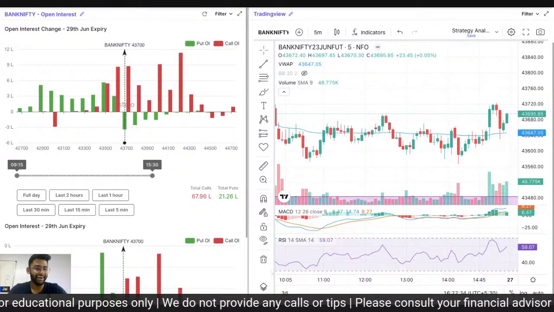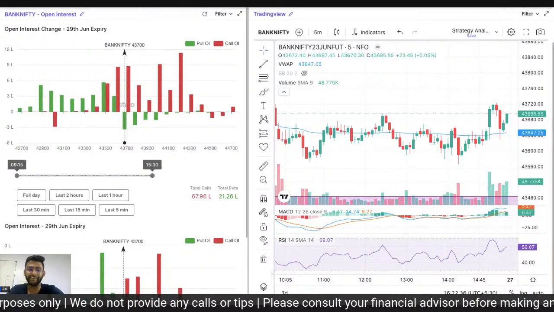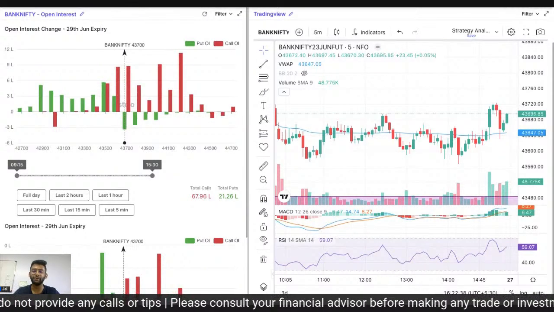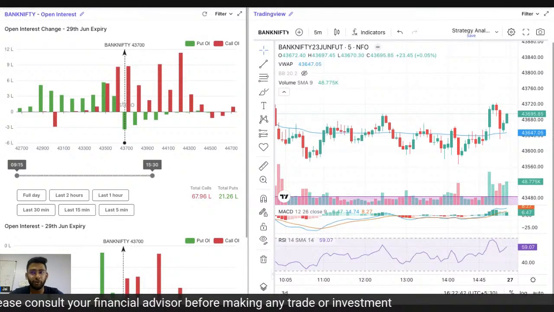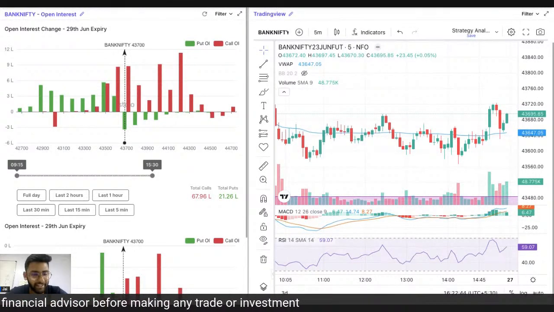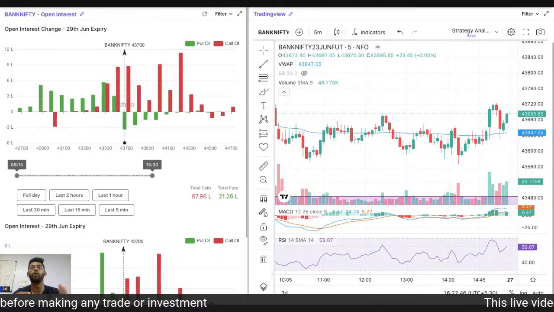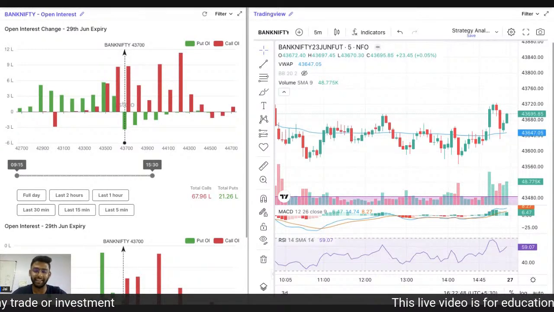But again, you cannot 100% predict it. We shall see what happens in the coming days of the market. There are 3 more days to expiry, and we shall see how the market changes in these days itself.